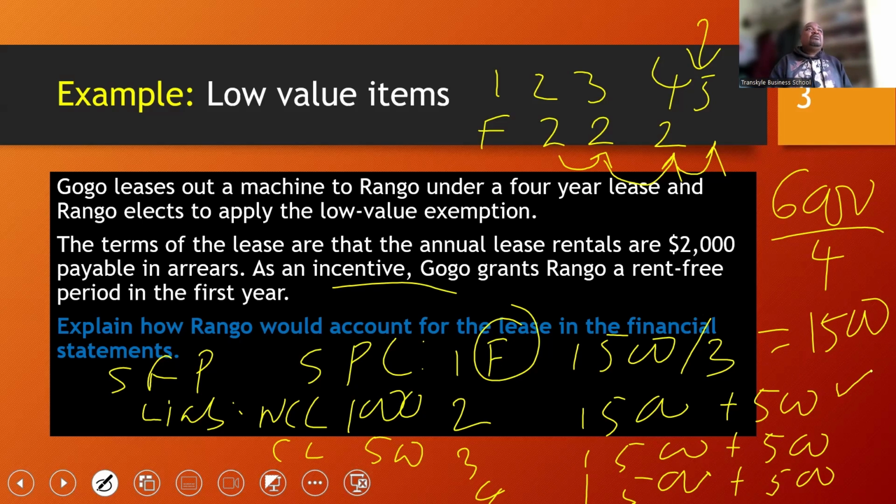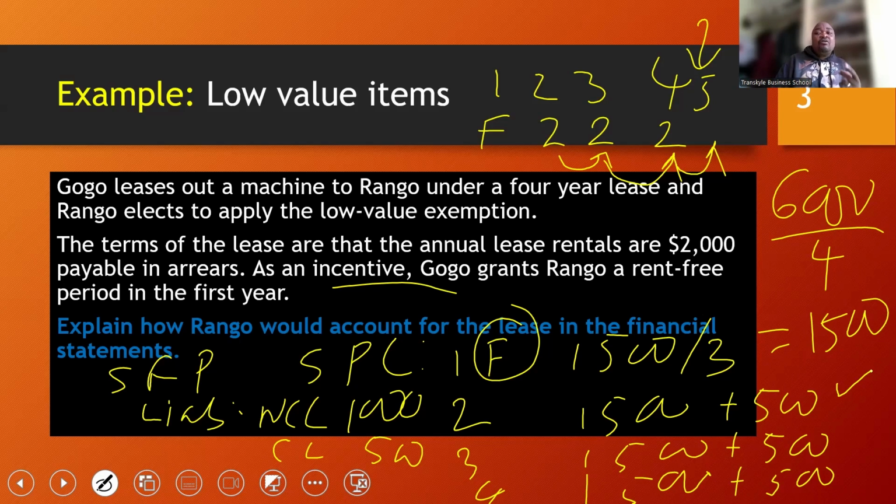It's not going to be paid within 1 year. But what is going to be paid is the first 500 in year 2. Okay, so remember, this is year 1. In year 1, we are going to recognize a liability or an accrual. Actually, it is an accrual, of 1,500.